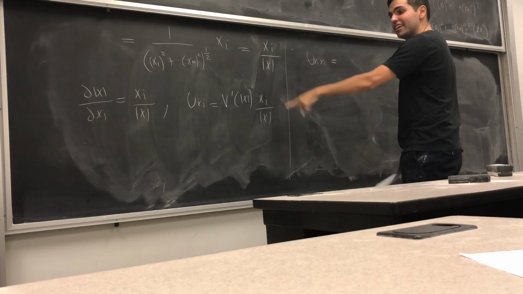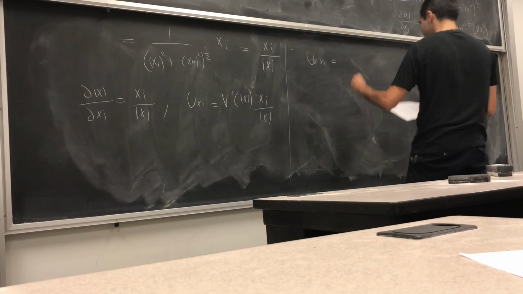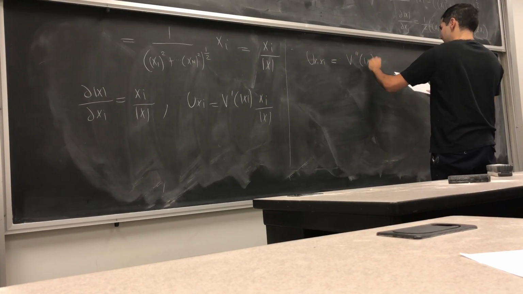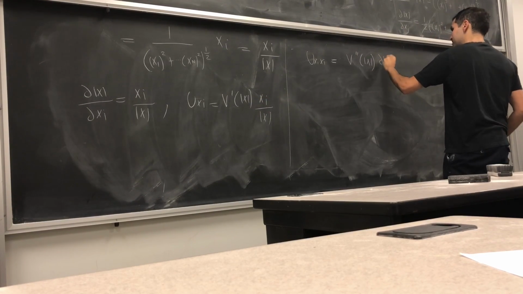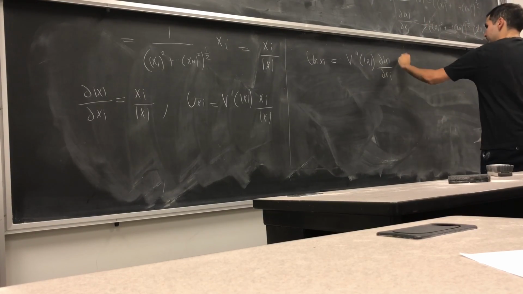Let's use the product rule and the chain rule again. So let's first differentiate this. So we get v double prime of absolute value of x, and then the derivative of absolute value of x, xi, times whatever we have here.